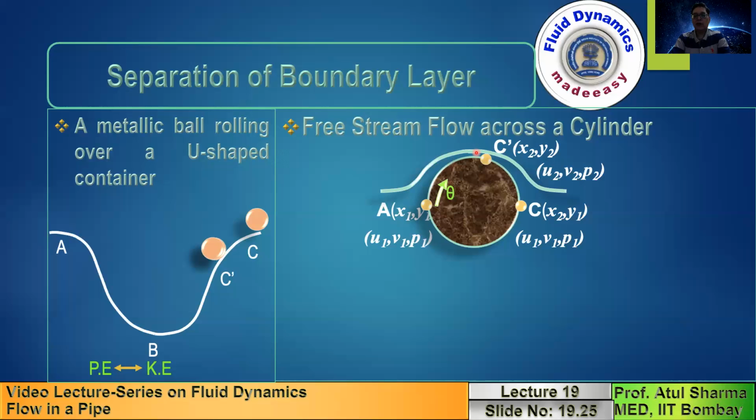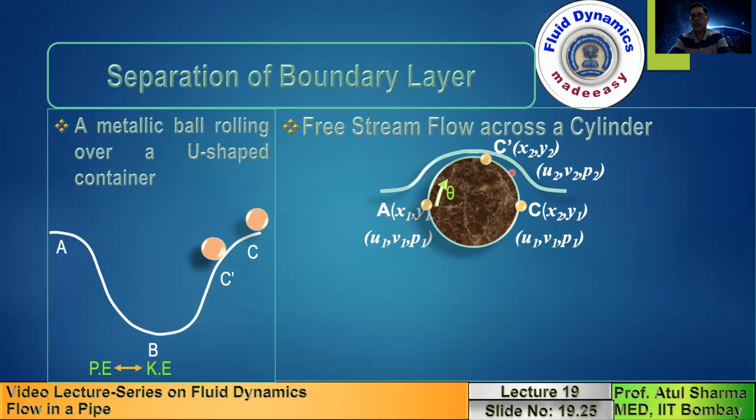With negligible change in the potential head, the increase in kinetic energy will lead to a decrease in the pressure energy. So when the fluid moves from here to here, its velocity is increasing and pressure is reducing.